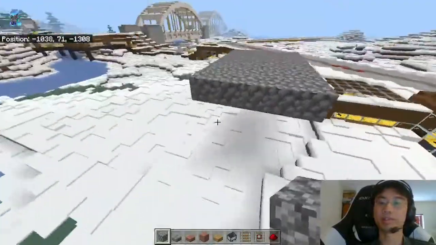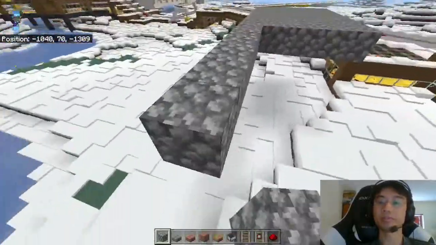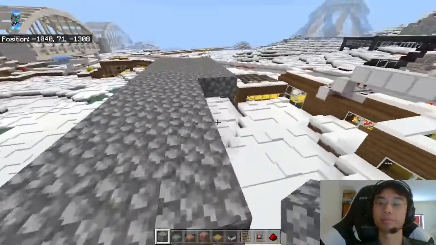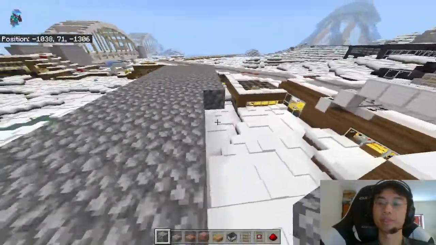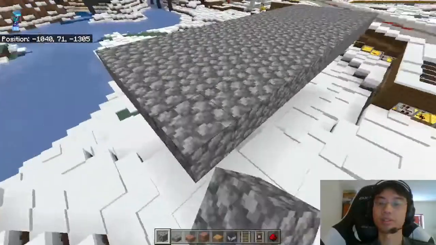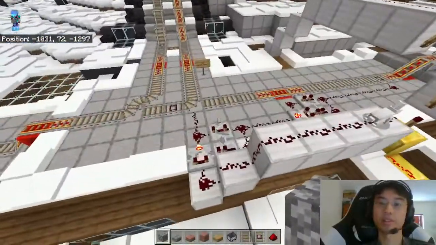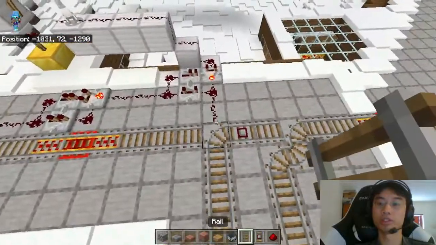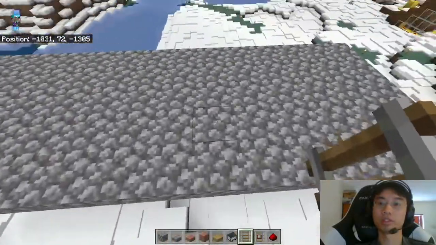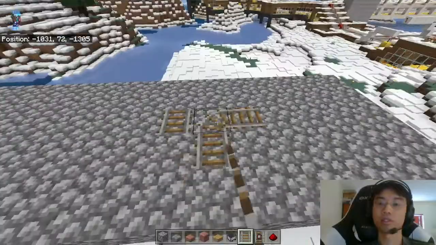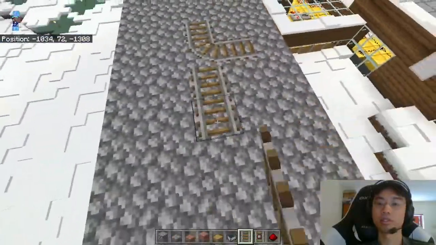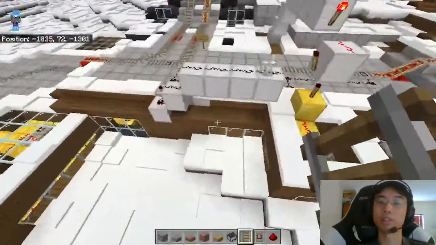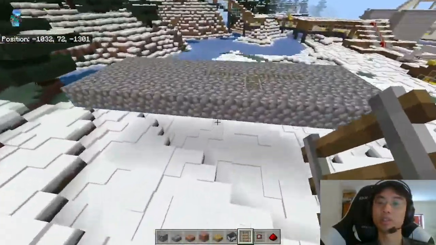And so then we have junction. Right, let's say there. I should have used something other than cobblestone. 1, 2, 3.